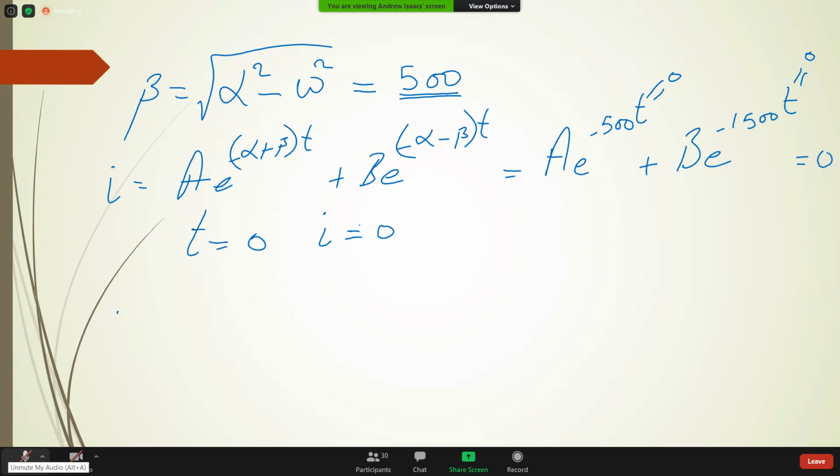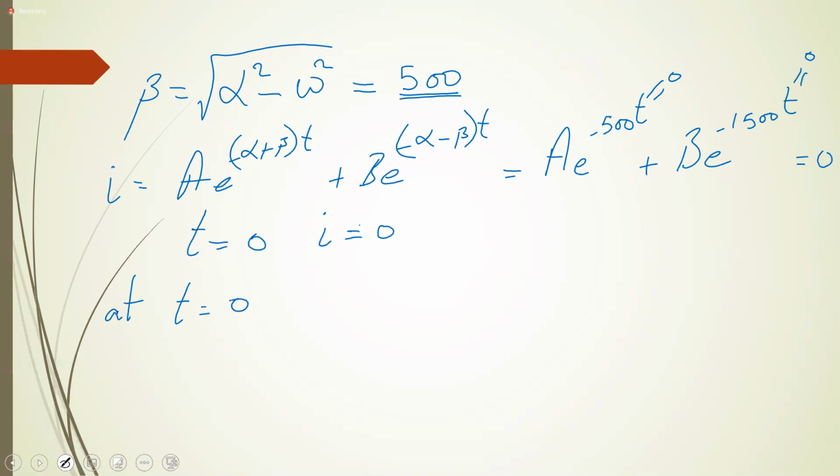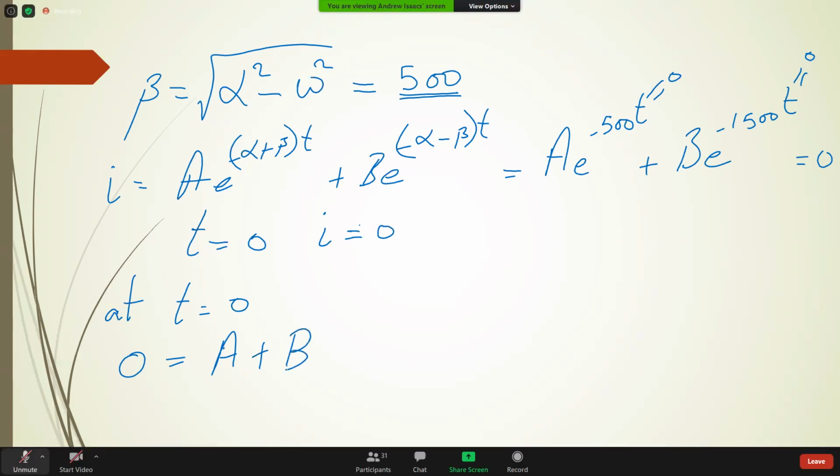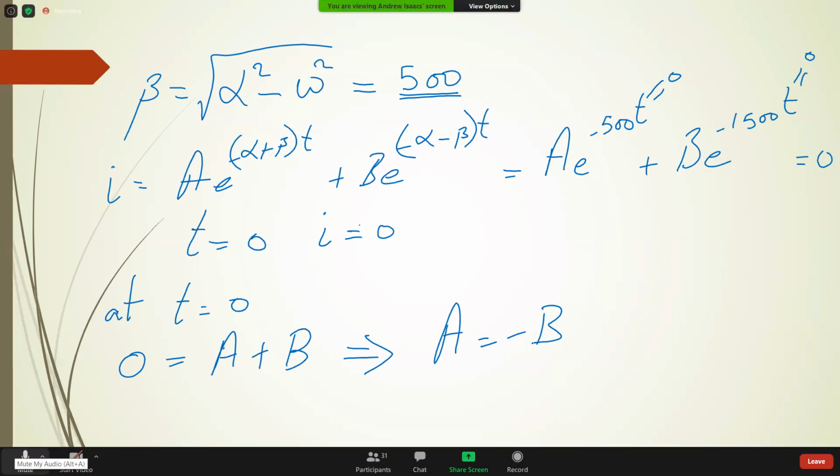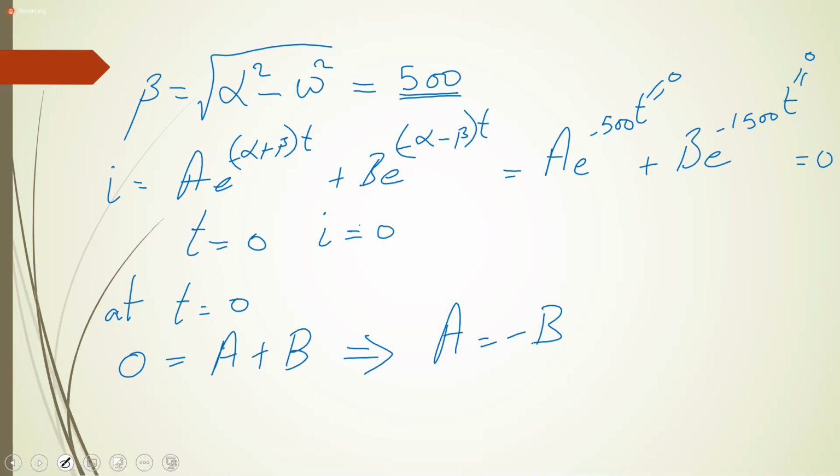So at t equals 0, 0 is equal to i, which is A plus B. In other words, this implies that A is equal to minus B. Everybody with me? Yes, sir, so far.